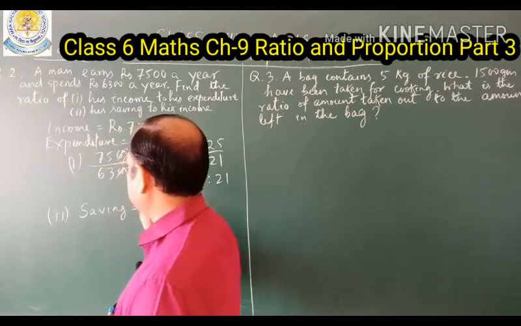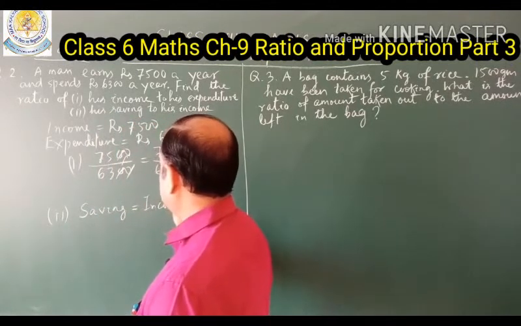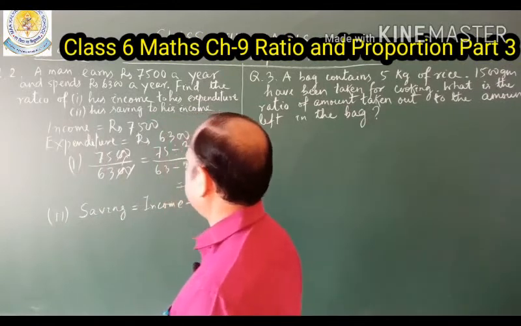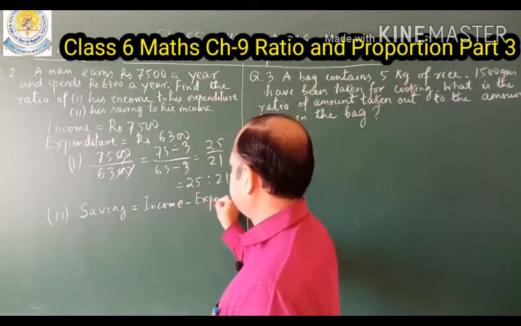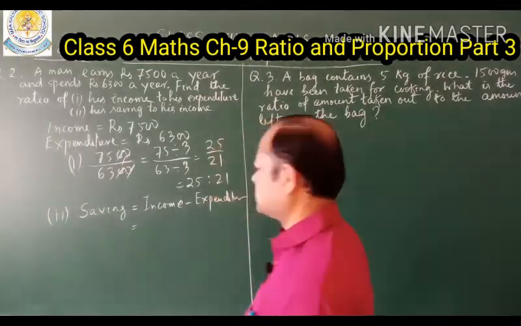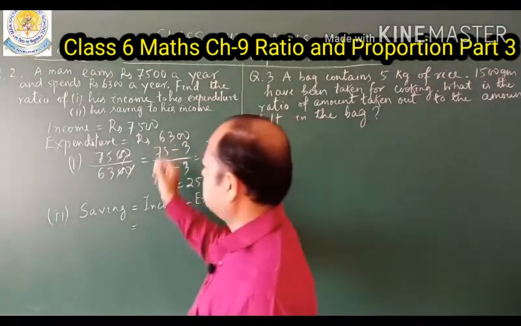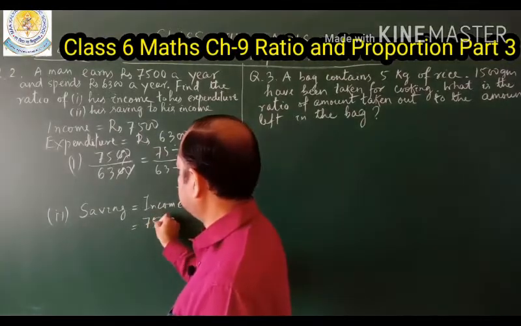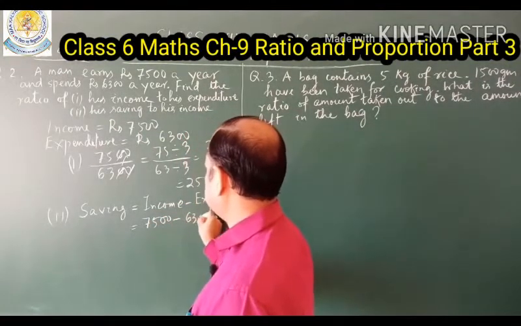Saving equals income minus expenditure. This is the common formula. So income is given here 7500 and expenditure is given here 6300.